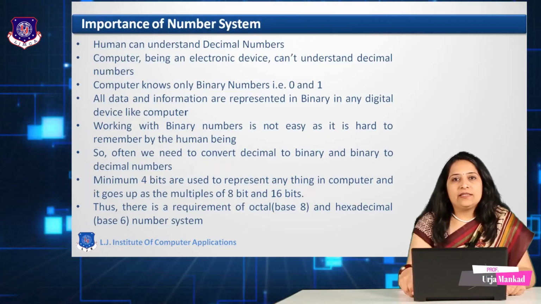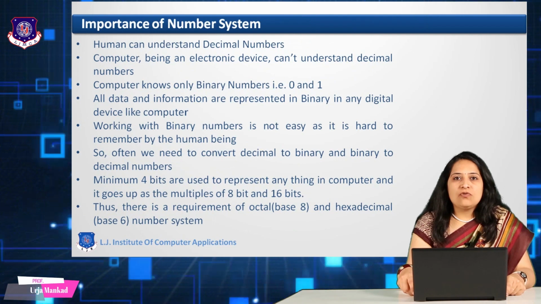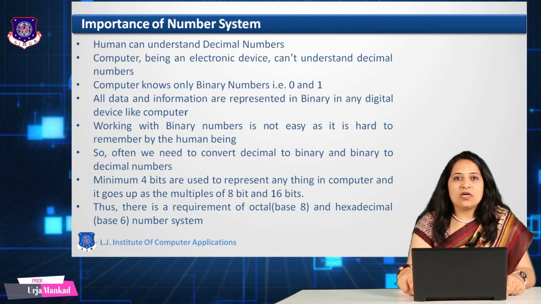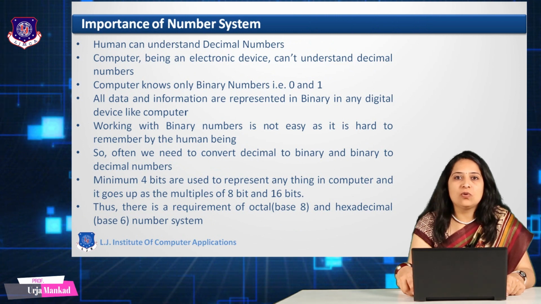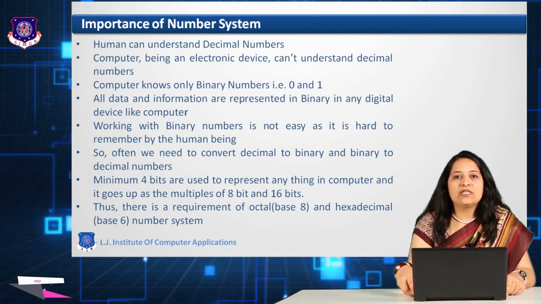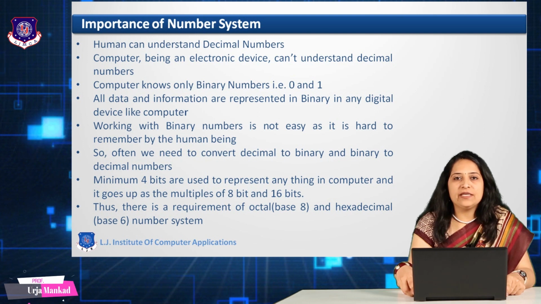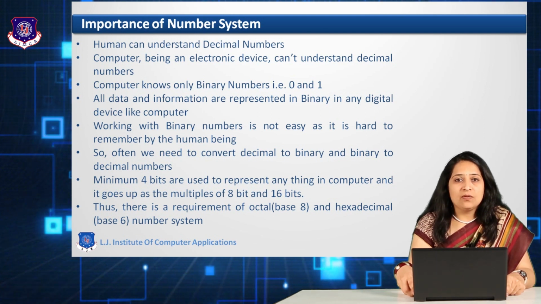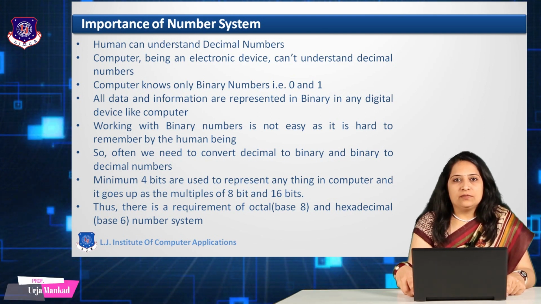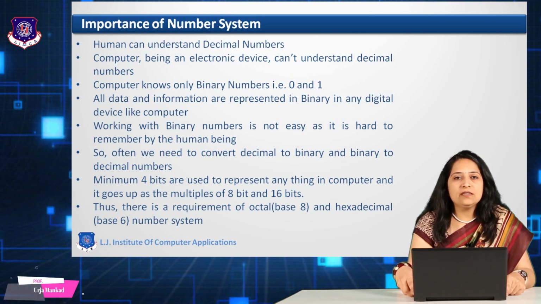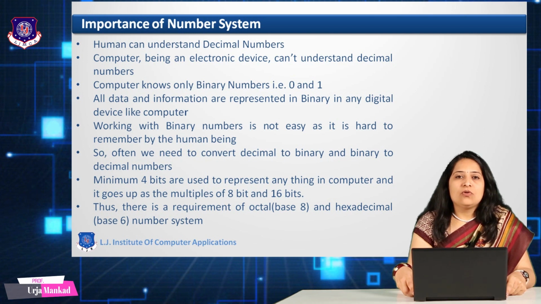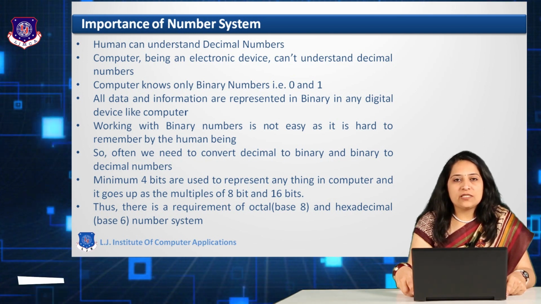Now, why do we require this number system? We all know that computer works on binary numbers. That is, computer only understands 0 and 1. All the electronic devices work on binary numbers, that is 0 and 1. But being human, we cannot remember 0s and 1s. We know the decimal numbers.